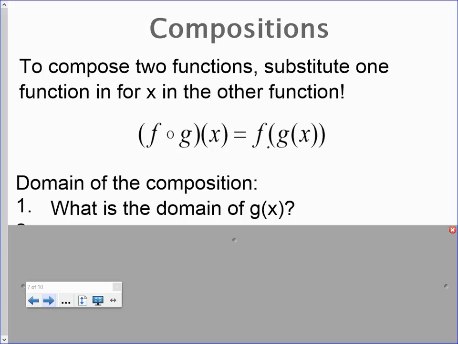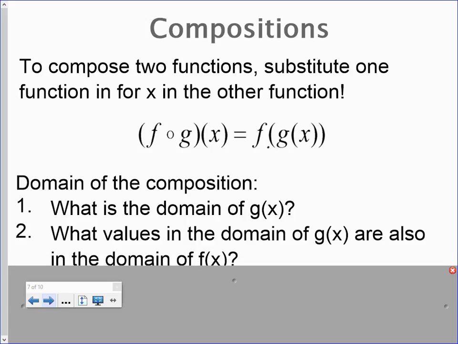What's the domain of that function? That could limit what the domain of your new function will be, because if you're plugging that in, you're limited to those values of the inside function. You also need to consider what values of that g of x overlap with the values of the f of x, the outside function, the one you're plugging into.